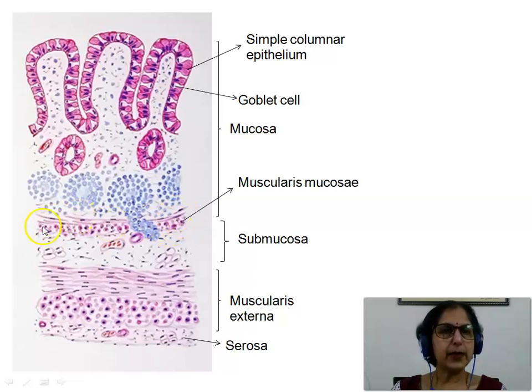These are sparse, thin layers. And then we see the submucosa, which is made up of dense connective tissue, showing blood vessels and adipocytes. And at places, we also see some lymphoid aggregates which have crossed the muscularis mucosae and have entered the submucosa.